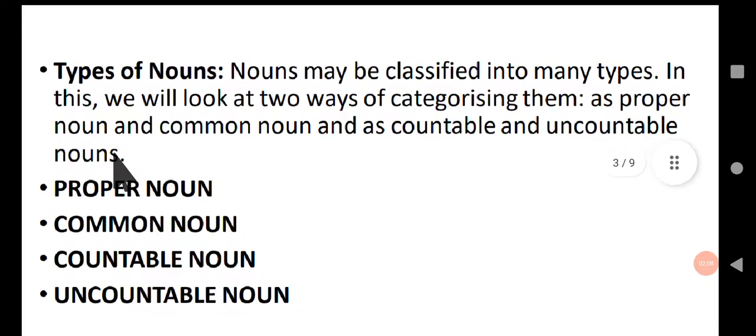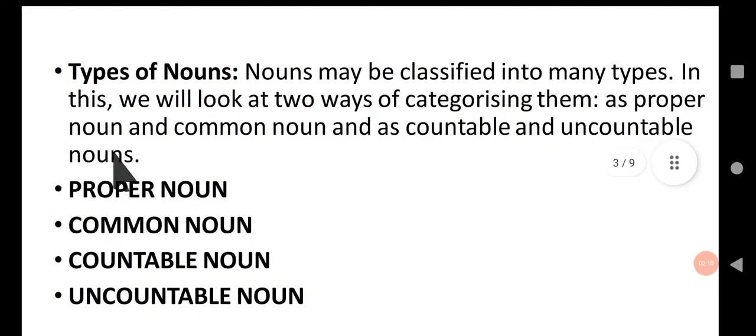There are multiple types of nouns, nearly 10, that we can classify. But from the exam point of view and in your textbook, the updated degree syllabus textbook that is prescribed for you, there are four types of nouns. Nouns can be classified into many types, but here we'll look at two ways of categorizing them: proper noun and common noun, and countable noun and uncountable noun.